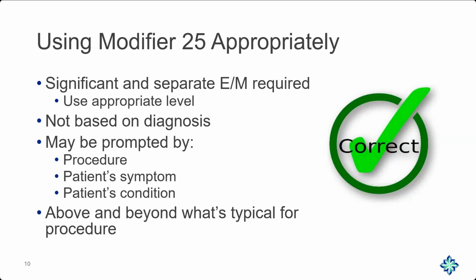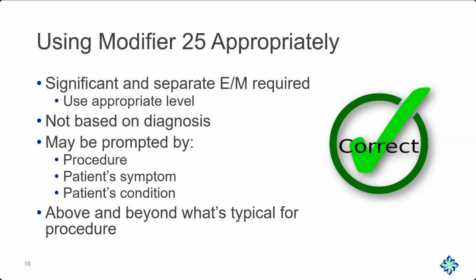We did also receive some pre-submitted questions asking about diagnosis and what diagnosis needs to be on the claim, or what diagnosis supports a separate E&M code to be billed with the use of that modifier 25. So diagnosis really is not the deciding factor for the use of modifier 25. Again, it depends on what's done for the patient and what that documentation supports.